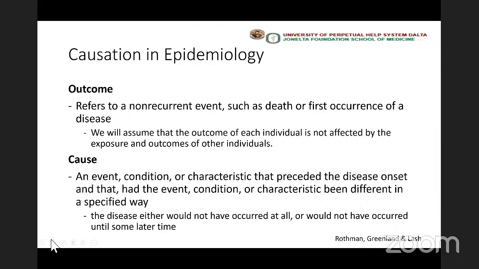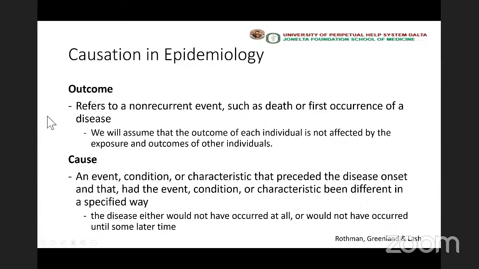Or if you stop eating sweets, would it delay progression? So that's a cause. So anything that precedes the disease, and if you change it, it would have a different outcome. Okay. So that's the relationship between your outcome and your cause.